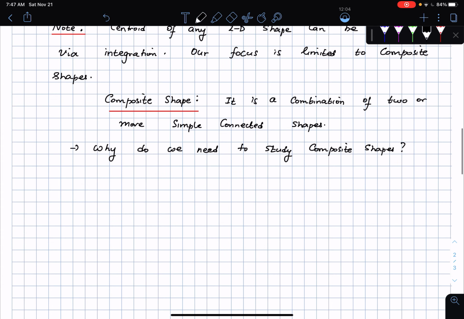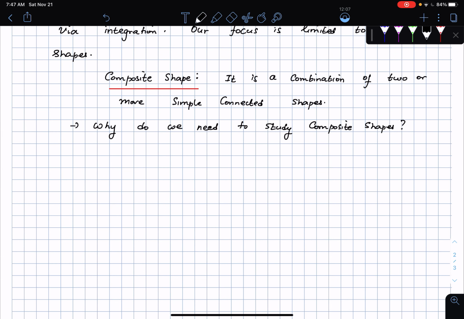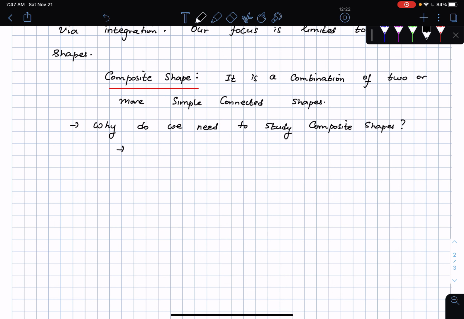A very quick reason can be made from the fact that if you look at common structural members, for example, beams, the cross section of a beam is in the form of a composite shape. So, cross section of common structural beams. Just a quick example. Cross section of a structural beam shows a composite shape.